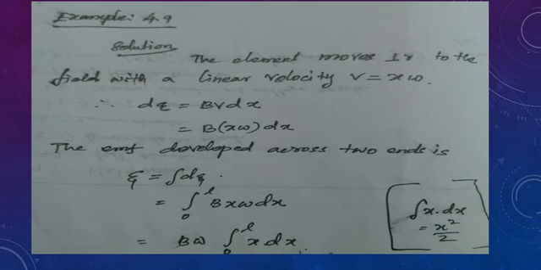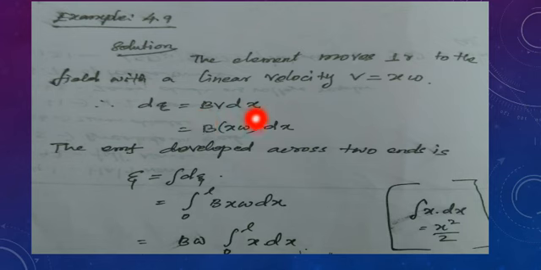The element moves perpendicular to the magnetic field with linear velocity v equal to x into omega. This is the EMF formula BLV, the same one here: dE is equal to B v dx.